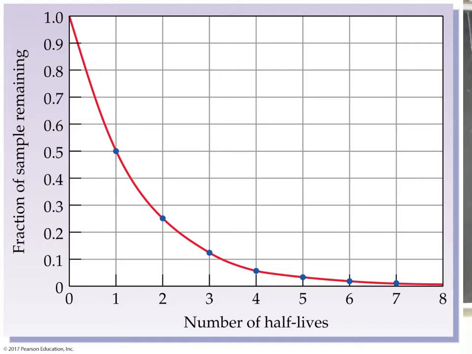If you wait one half-life, then you see on this graph that the fraction of the sample remaining will drop to 0.5. If you wait another half-life, it's down to 0.25, which is half of what it was after the first half-life. And then 0.125, and then 0.0875, and so on.